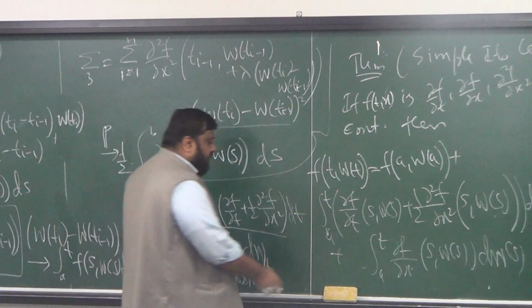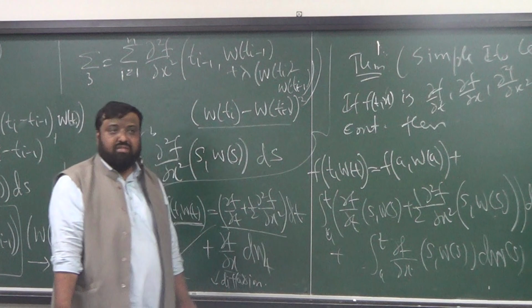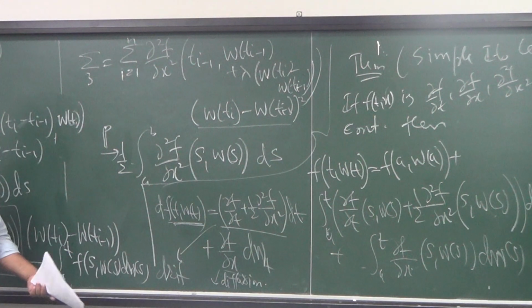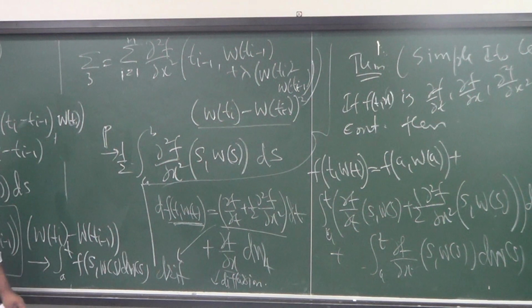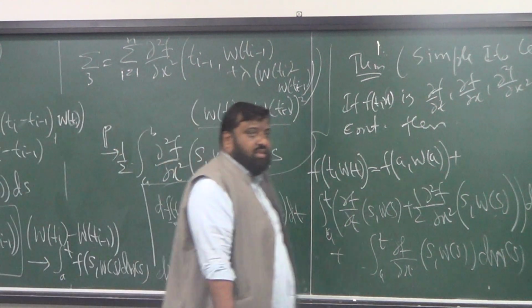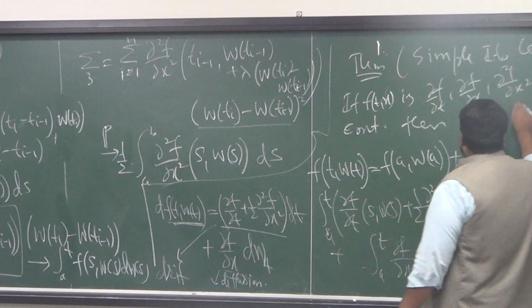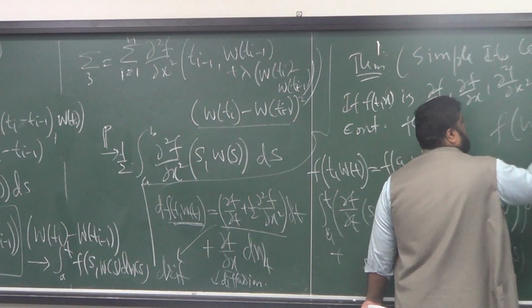And what is the advantage of this formula? The same advantage. Now you can compute differentials of functions of Brownian motion, and hence you can also compute the integrals of Brownian motion. Sir, what is the major difference between the two? The first one was only f as a function of Brownian motion explicitly.